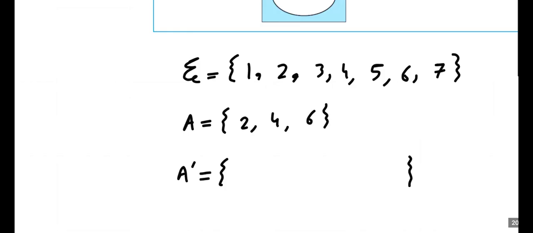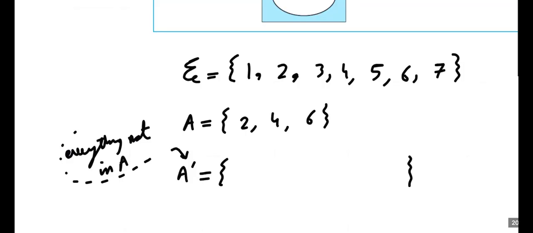This symbol means complement, and what A complement means is everything not in A. Okay? So everything not in A. That's what A complement means. So, what are all the members of A complement?